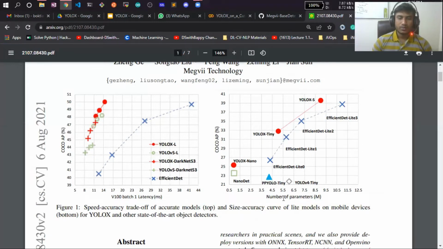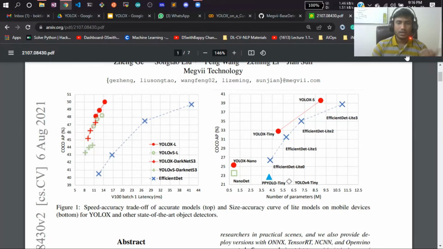If I show you the number of parameters, because in an algorithm or architecture the parameters are a main thing, if there are lots of parameters, your model training time would be higher and the prediction time would be higher. But if I reduce the parameters, your model would be very fast.